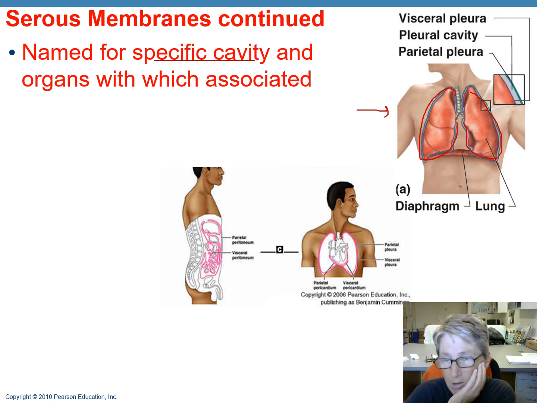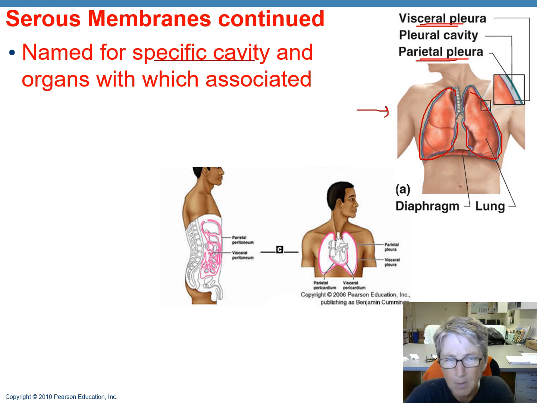It's called the pleura, and the visceral pleura actually sits on top of the viscera or the lungs, and then the parietal pleura lines the cavity that the lungs sit in. This gets a little tricky. So the visceral and parietal pleura, if I ask you what type of membrane they are, a serous membrane.